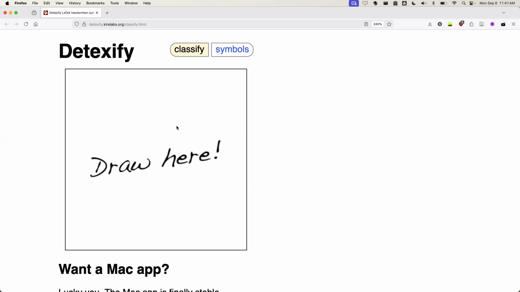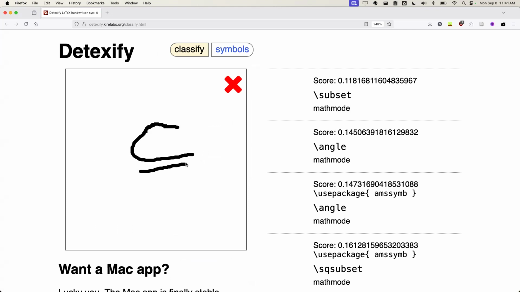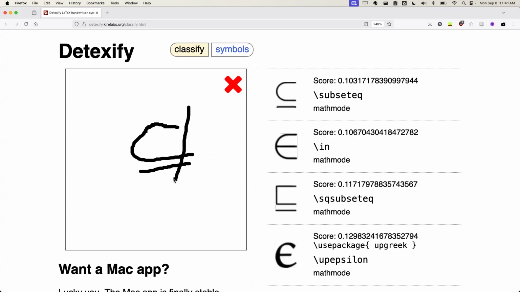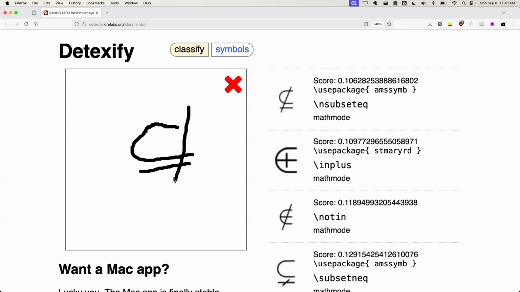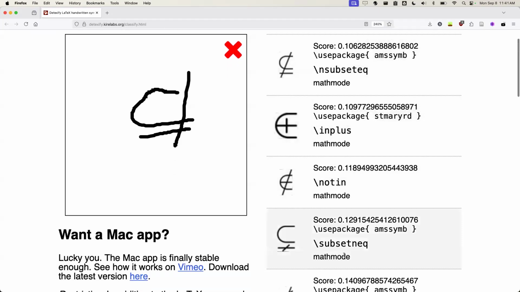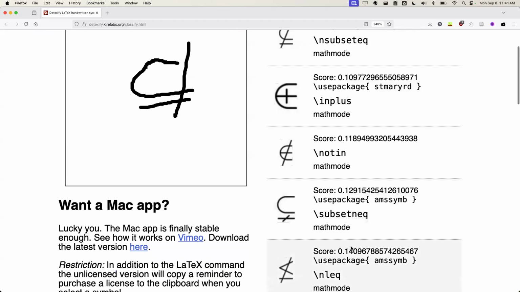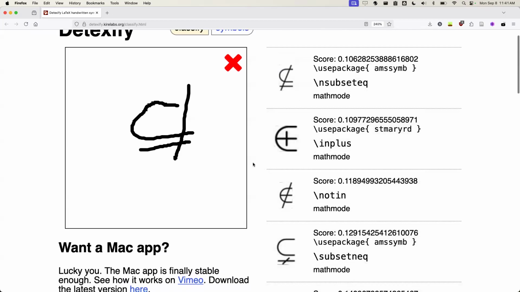If I draw it with my trackpad, and I draw a slash through it, it gives \nsubseteq. I'll make sure you have access to this on Canvas. That's \subsetneq. So yeah, there's a lot of different options.